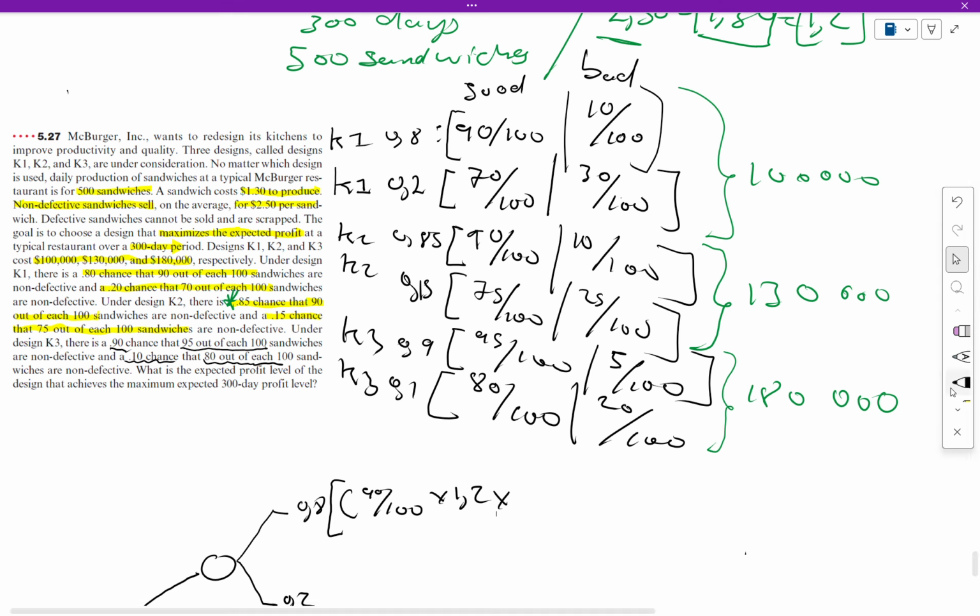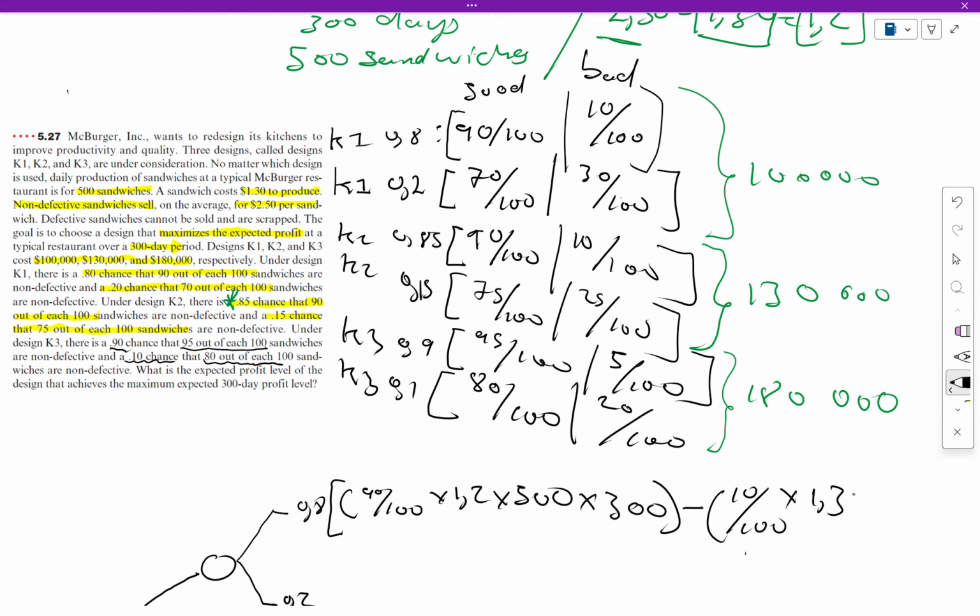500. Yeah, 500 multiplied by 300. Okay, then we minus, and we do the same thing with the 10 multiplied by 1.3.